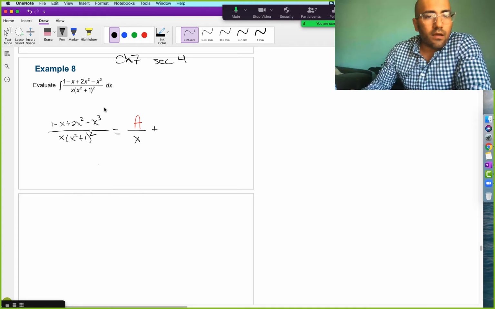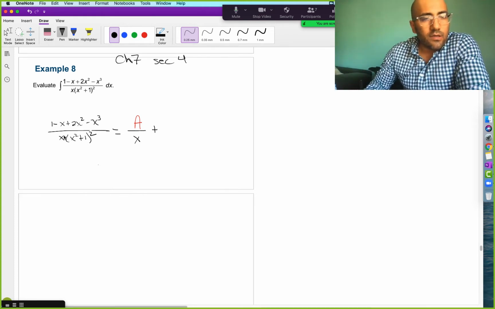Okay, so as per the pattern, this term x by itself is linear. So it demands its own fraction with a constant up in the numerator. And now this guy's quadratic, and there's no way to further factor that without going into imaginaries, right? So this guy is going to demand its own fraction as well.